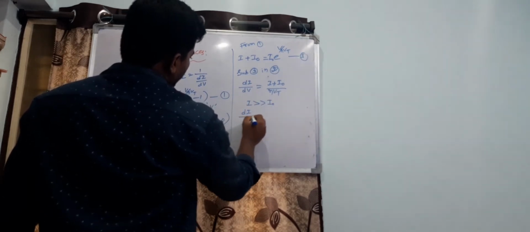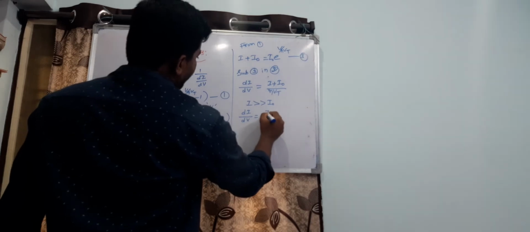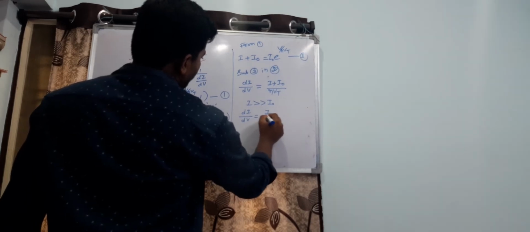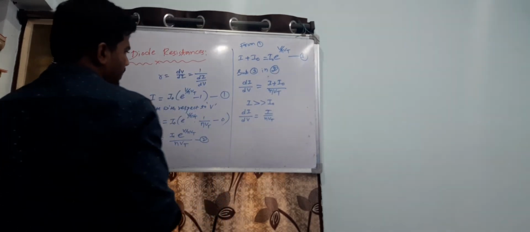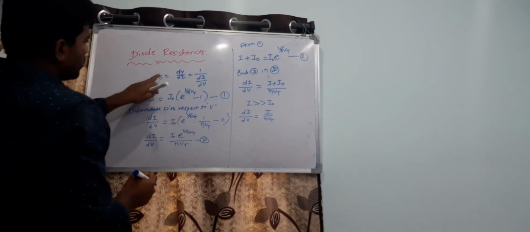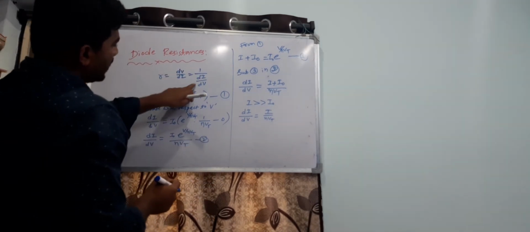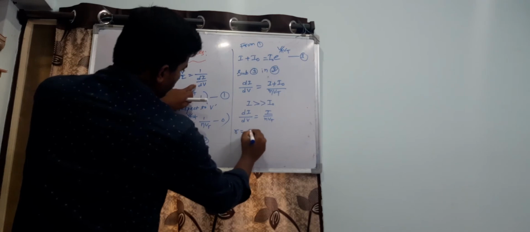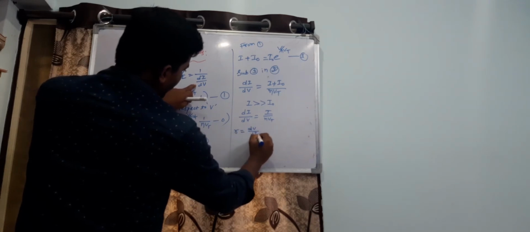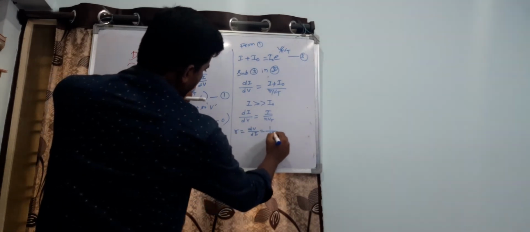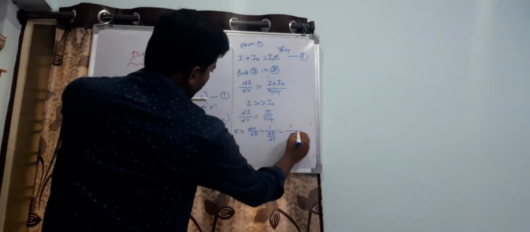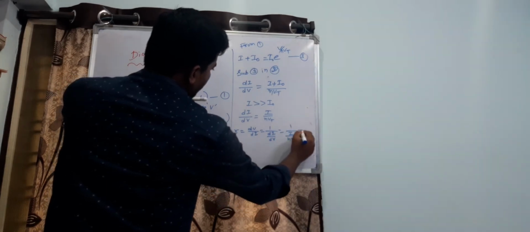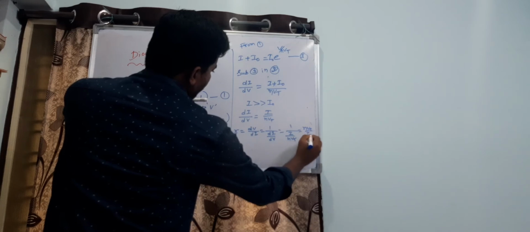So dI by dV is equal to I divided by eta Vt. Our definition is r is equal to dV by dI or 1 by dI by dV, which is equal to 1 by I by eta Vt, that is, eta Vt divided by I.